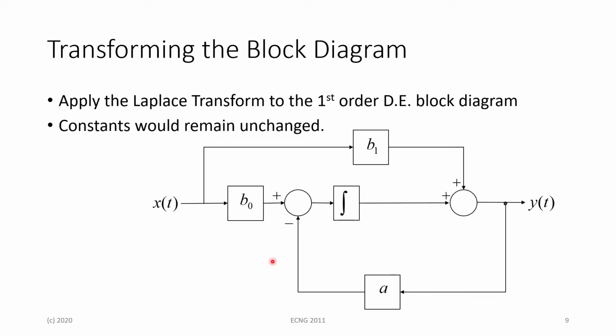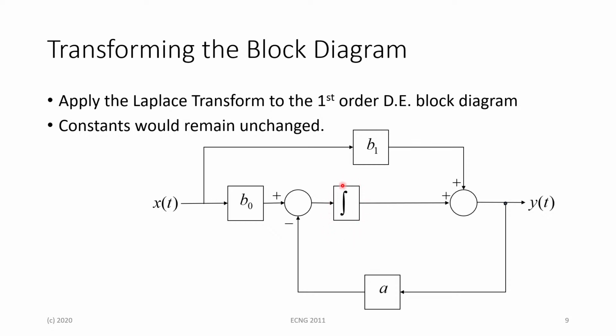So in transforming our time domain block diagram into the Laplace domain, all our constant blocks, B1, A, and B0, are going to be unaffected. X of t and y of t, as we saw when we did the Laplace transforms, become x of s and y of s. But the question is, what does this integral block transform to?